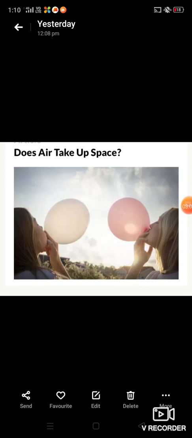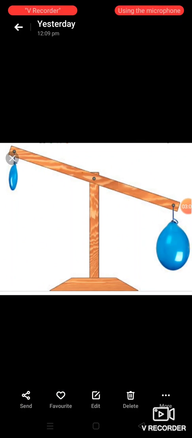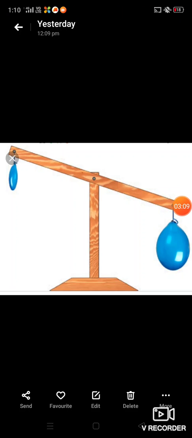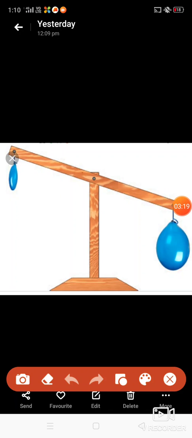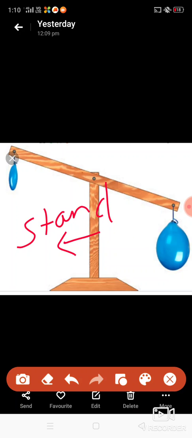Now the other thing is, does air have mass? Let's see with an example. Here we will take a stand. You can take any kind of stand.